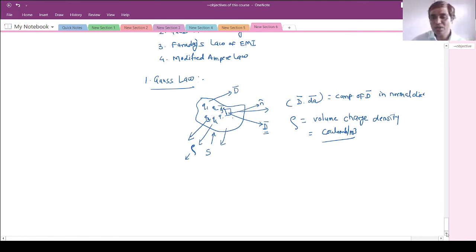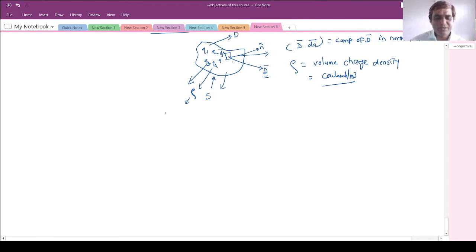Okay, so now let us write everything mathematically. First, the integration of the displacement vector over the total surface area, that is D bar dot dA bar, can be written as the integral of the component of D bar with the small area dA bar.